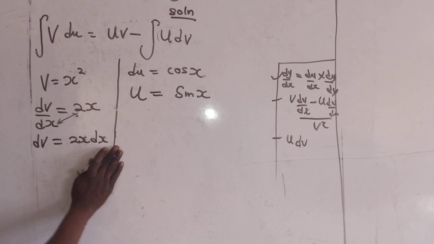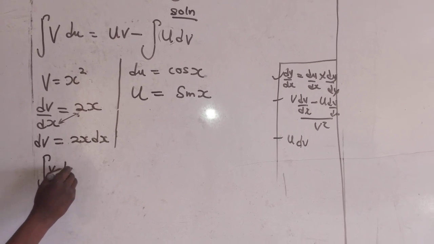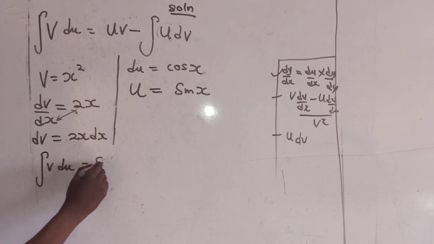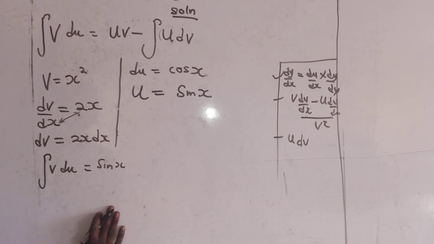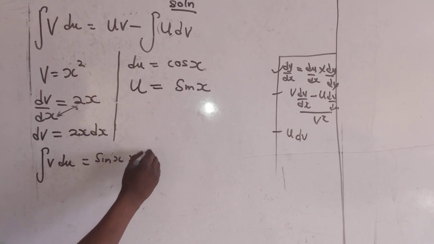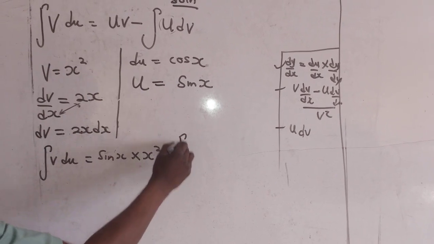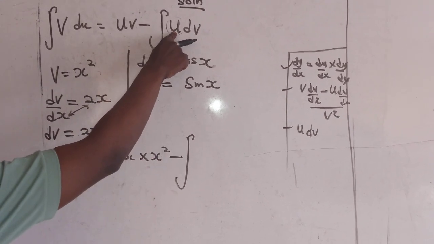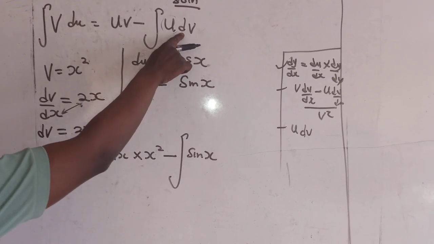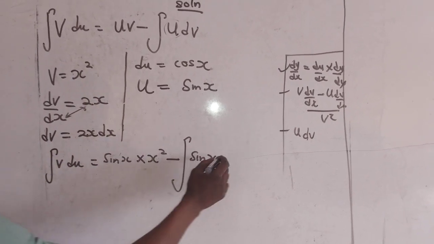So here we can now apply the formula. Our u is sine x, multiplied by v, which is x squared, minus the integral of u, which is sine x, then dv, which is 2x dx.